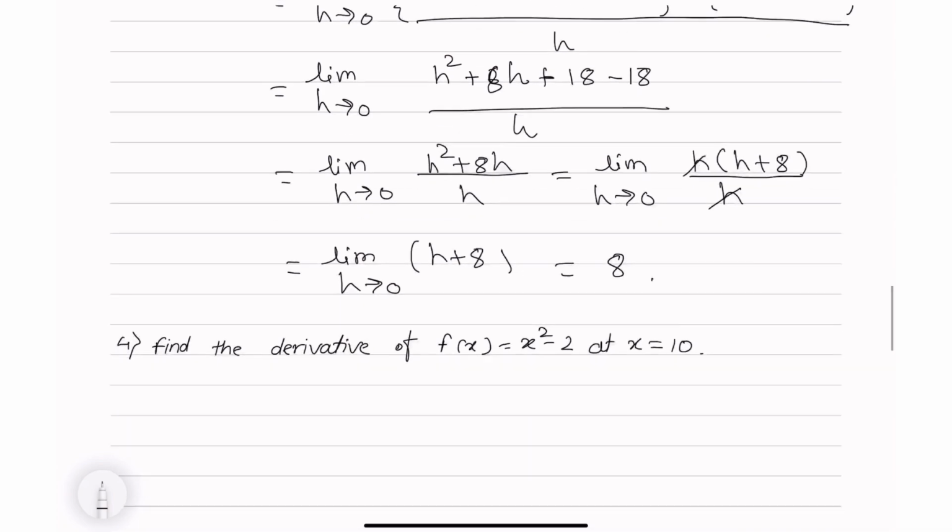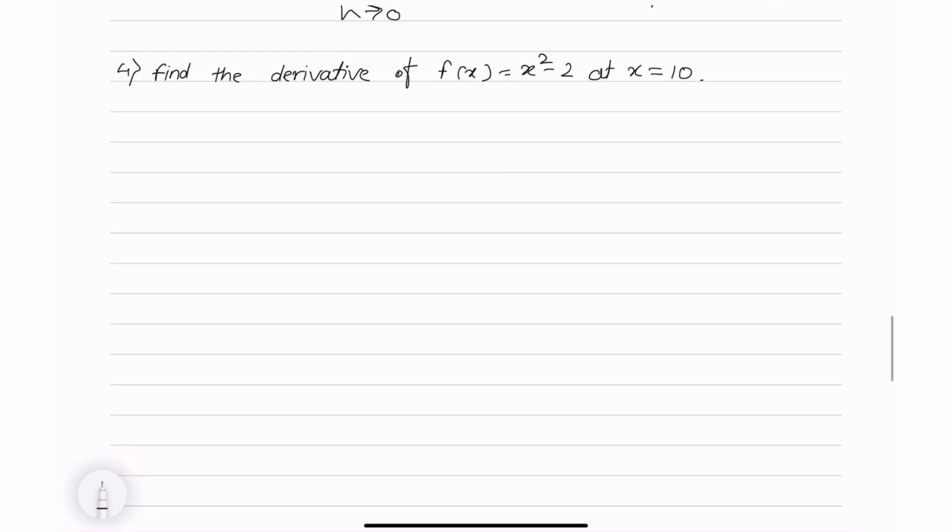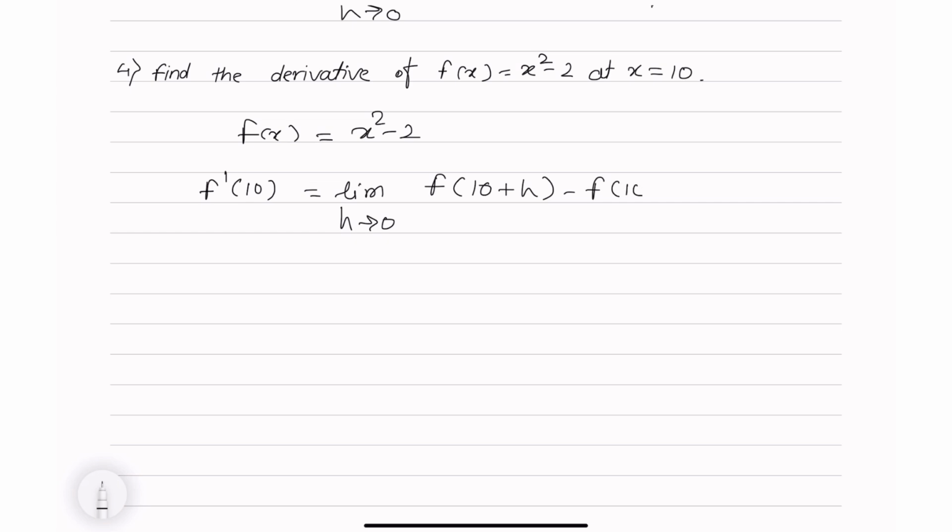Now moving to the next problem, find the derivative of f of x is equal to x square minus 2 at x is equal to 10. So f of x is equal to x square minus 2. So f dash of 10 is equal to limit h tends to 0, f of 10 plus h minus f of 10 divided by h.